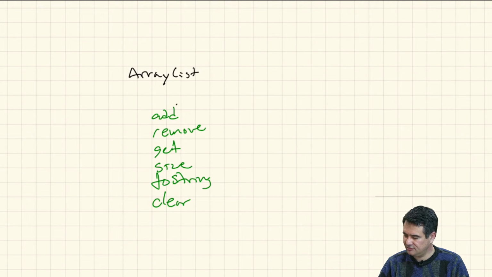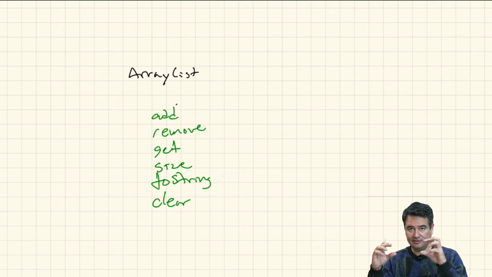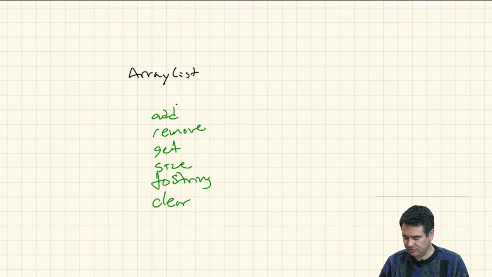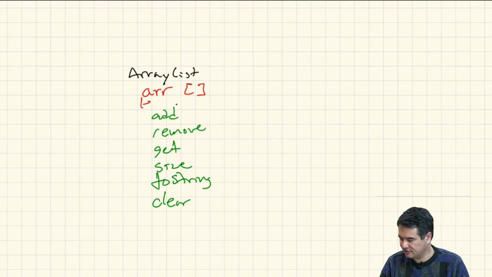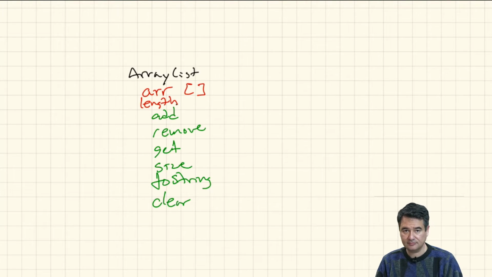Inside of ArrayList, there are some private variables. There's probably an array sitting inside there. I don't know what it's called, but let's just call it ARR. And it's some kind of array. And there's also an integer keeping track of how many elements in that array are actually valid. Let's call that the length. Okay?